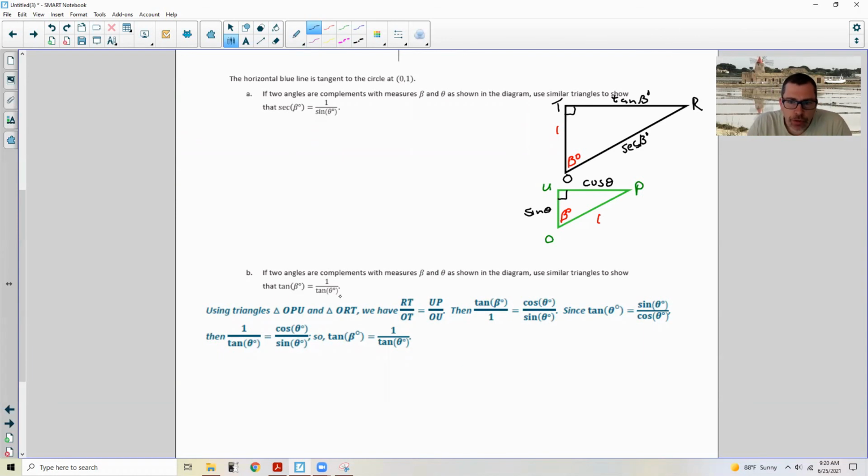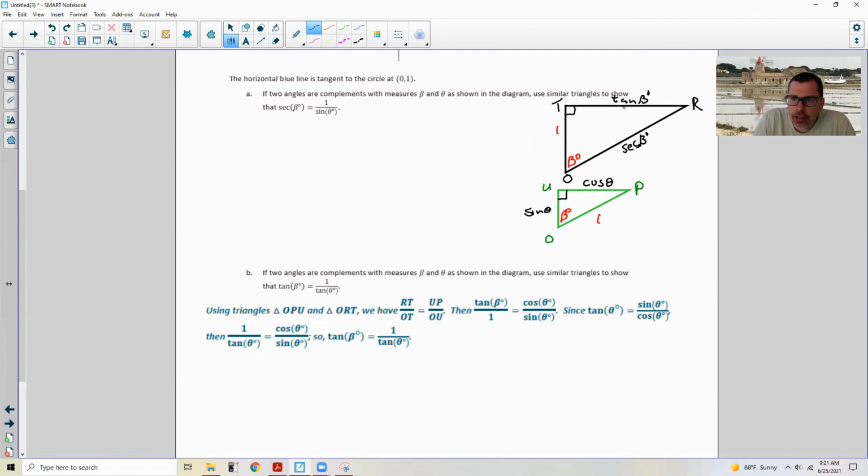And so it says to use the two triangles that we've been using, triangle similarity, angle, angle. Then we take RT is to PU, which is right there, or UP. I don't like that right there.